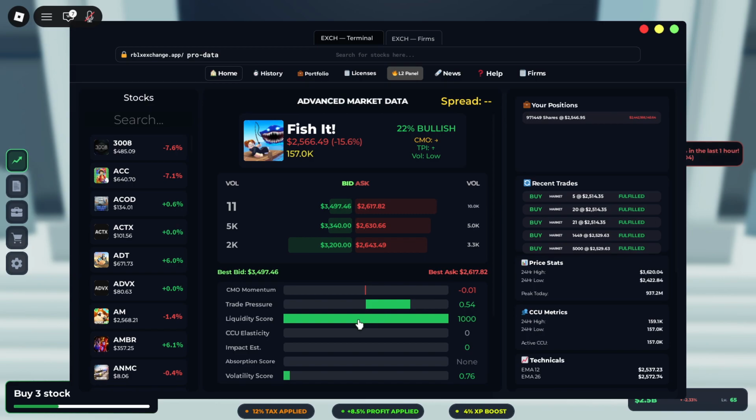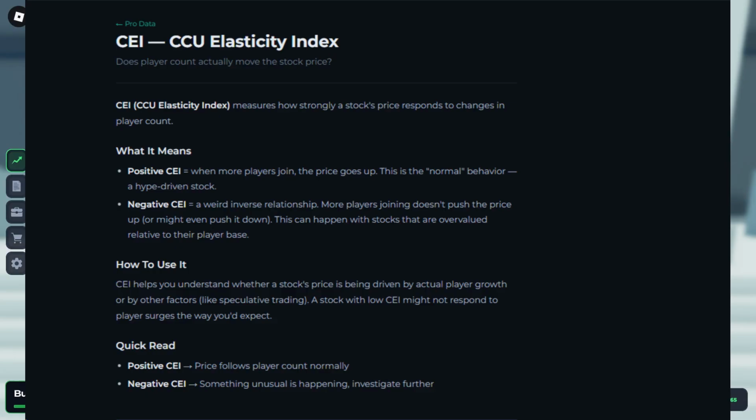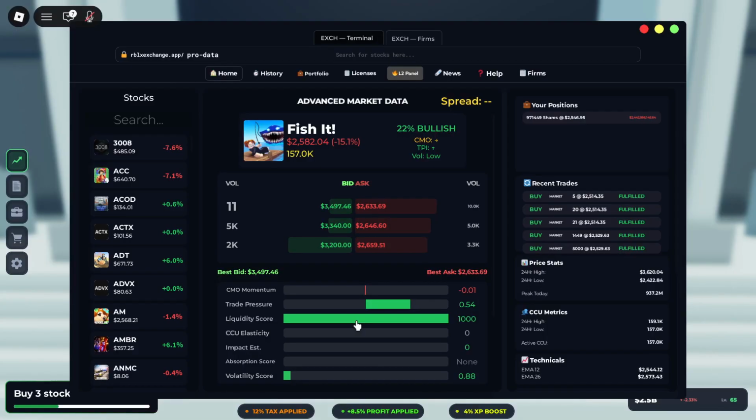Now we go on to the CCU elasticity. So the CCU elasticity index basically asks the question: does player count actually move the stock price? As I mentioned in my previous videos, the stock price is also determined by the number of people playing this game.